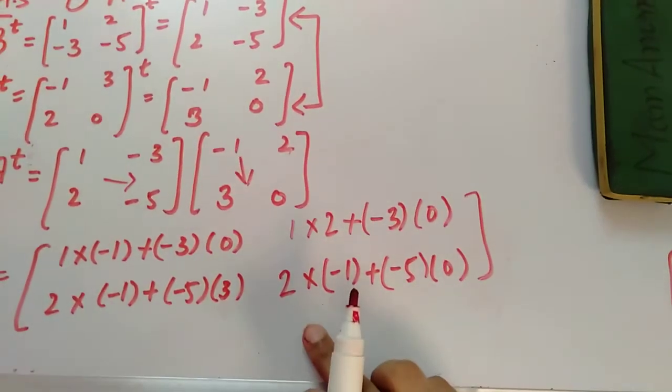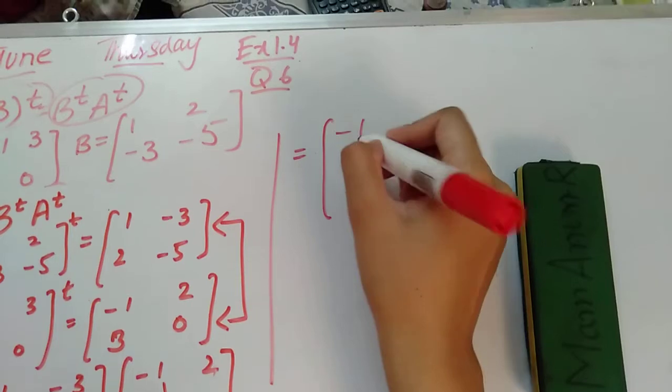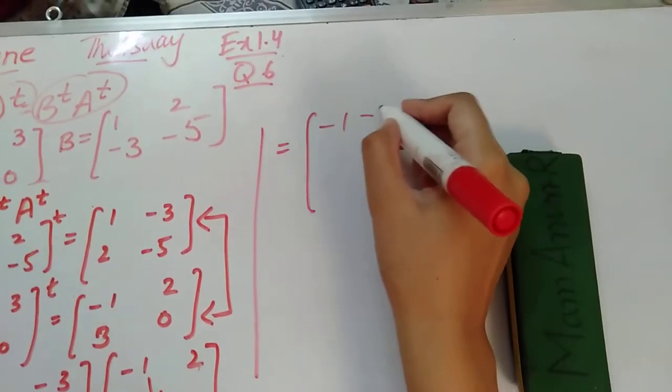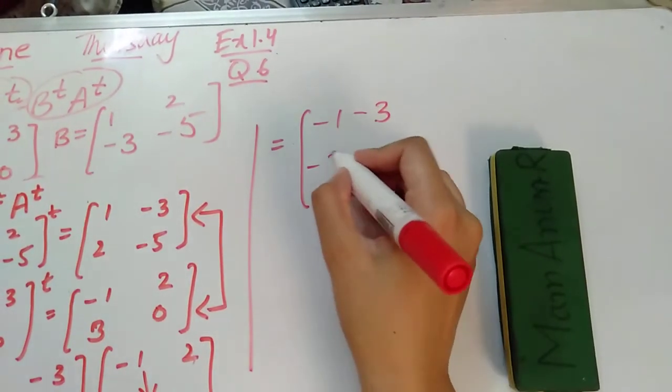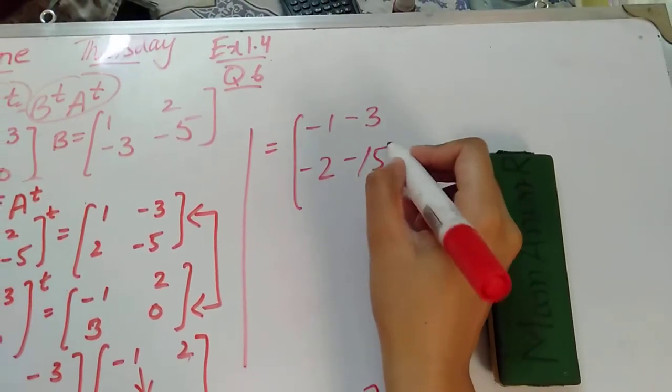So now we will multiply the terms. It's minus 1, minus 3, minus 2, minus 15.